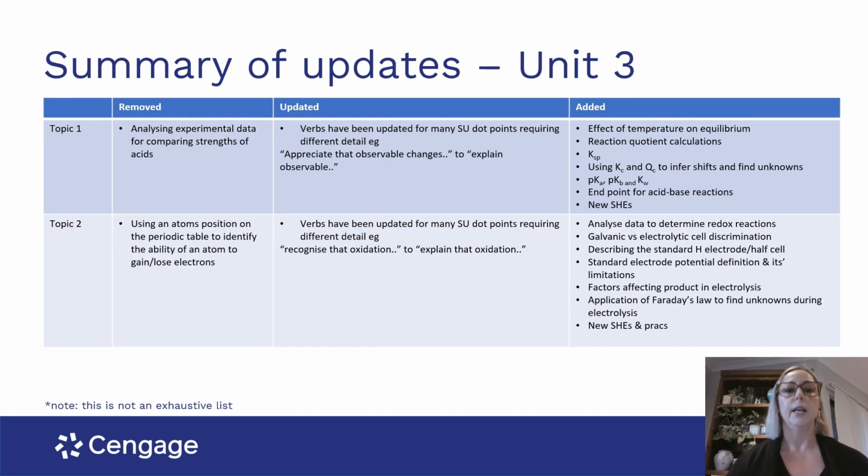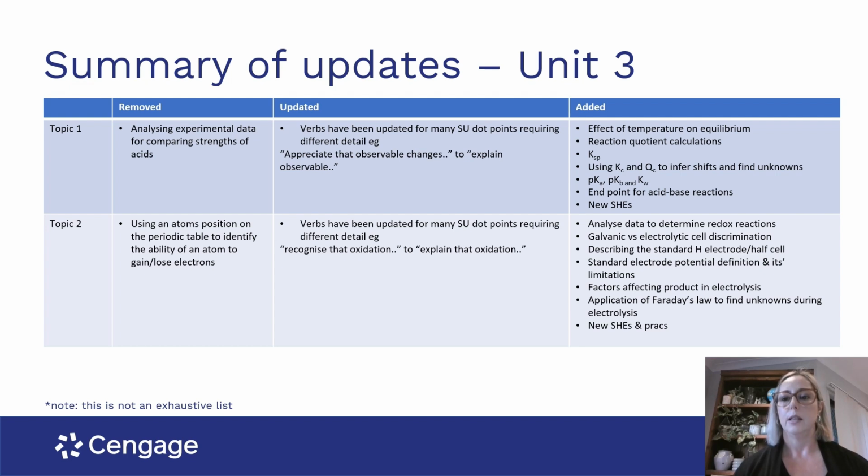In Unit 3, in Topic 1, they've removed analysing experimental data for strengths of acids, but they've also updated the verbs. They've removed appreciate and included explain, which is a lot more specific to the kinds of cognitions that the students need.